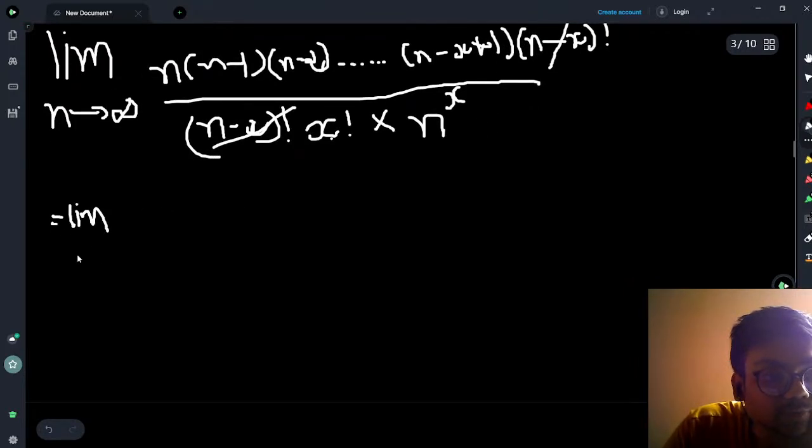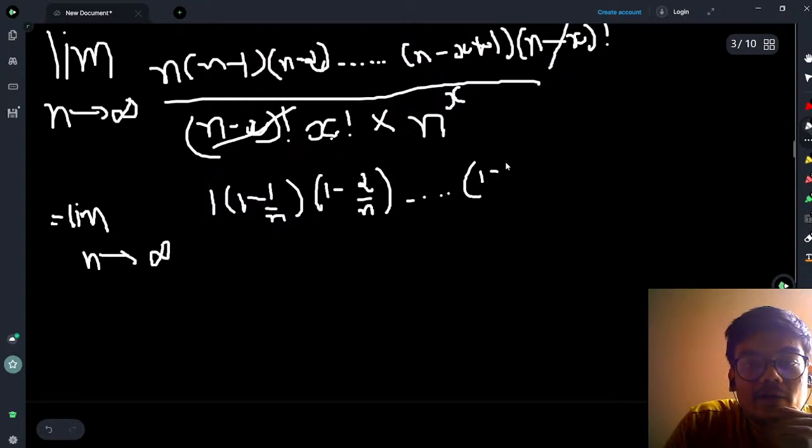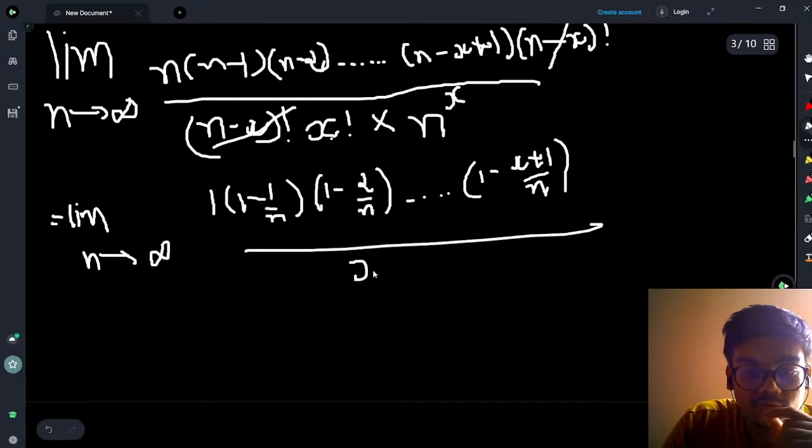So what I get: limit n tends to infinity, giving each term its n, 1 minus 1 by n, 1 minus 2 by n, up to 1 minus x plus 1 by n, upon x factorial.